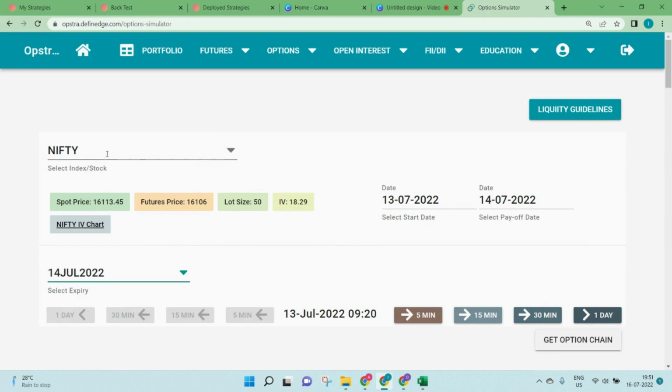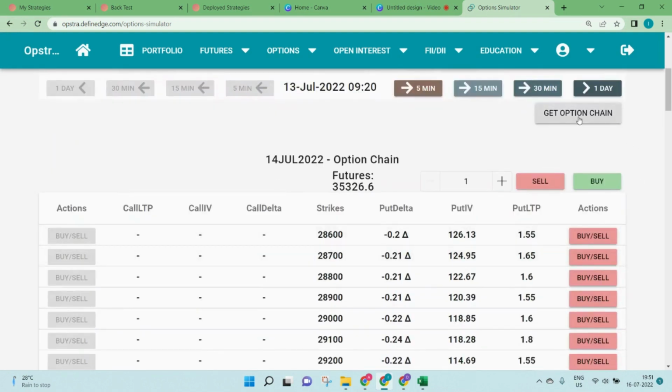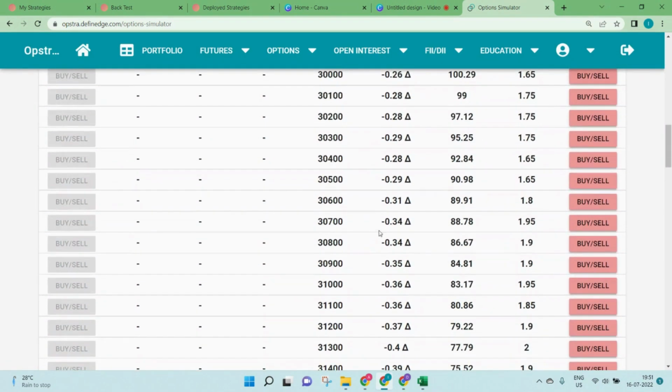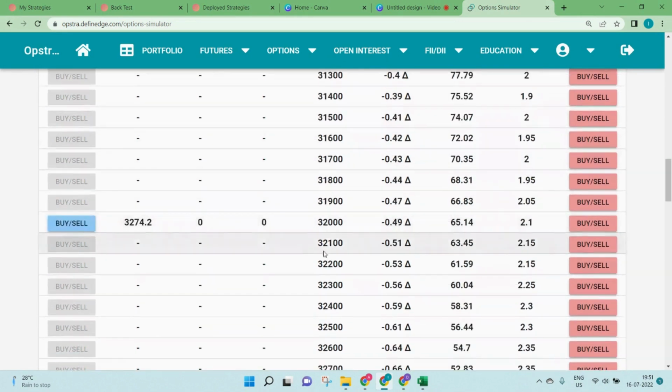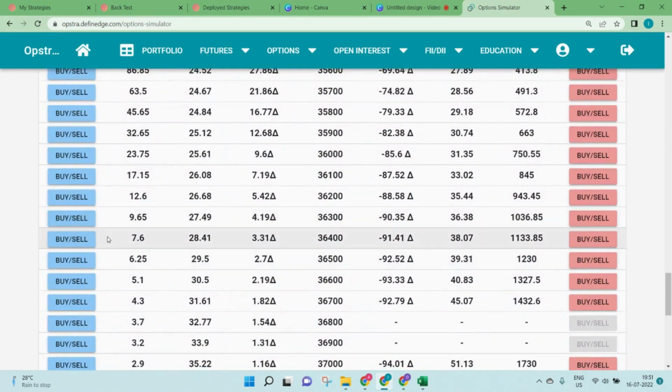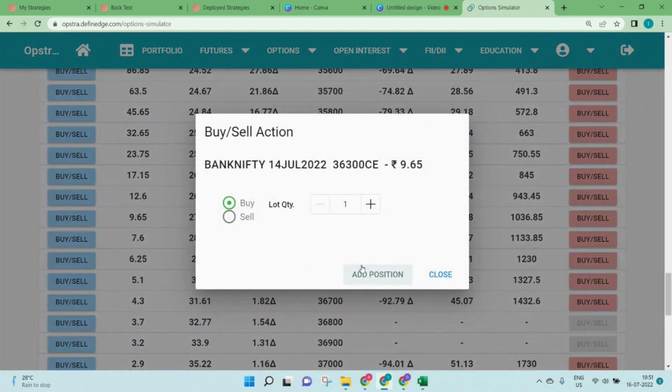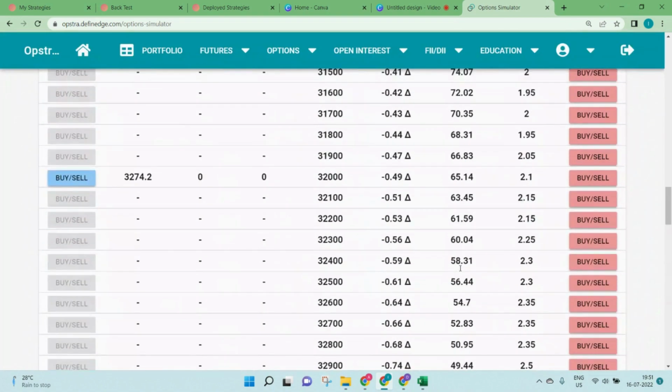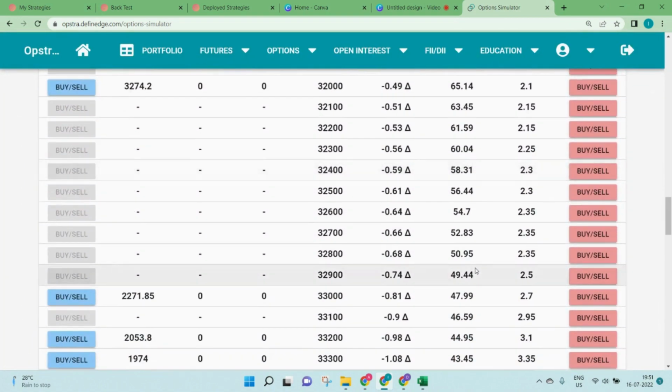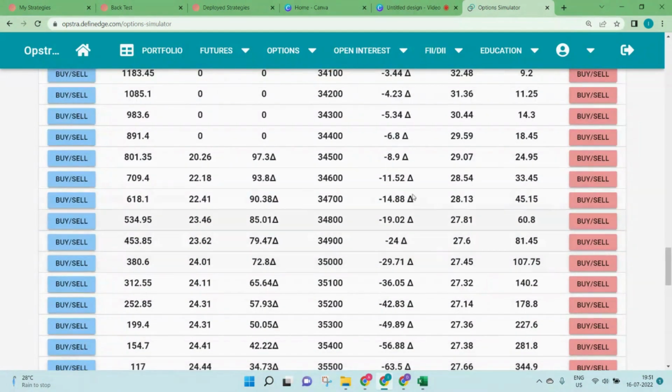If you see here, our Bank Nifty spot is 35,090. So we will buy 0.1 delta of call, that is 10 delta, 9.65. We buy 0.1 delta PE also, 11.52, that is the nearest available, or 8.9 we will buy.